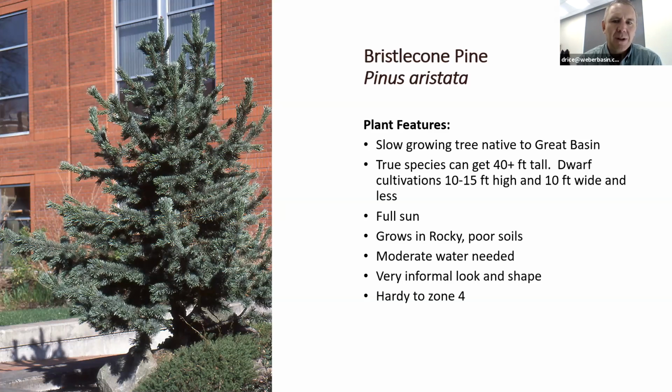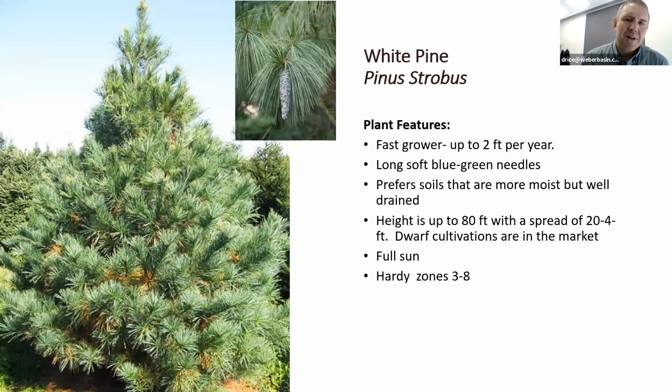They're not your typical conical shaped tree, but they have a very nice needle foliage look, with moderate to very low water usage, really used as a specimen tree. Just a neat tree to be used in a water efficient landscape or as that specimen.